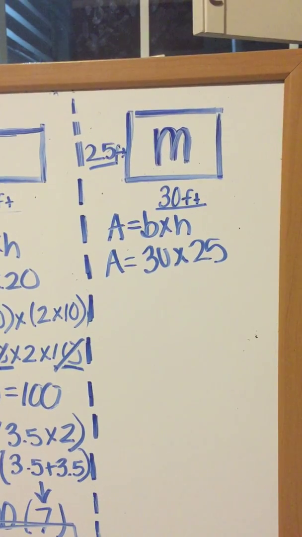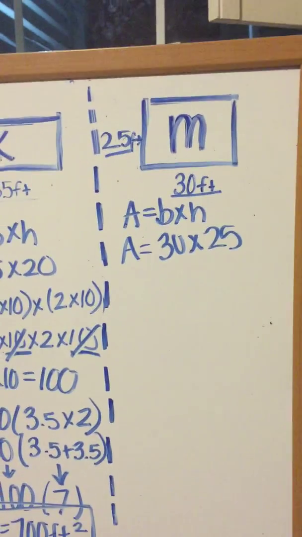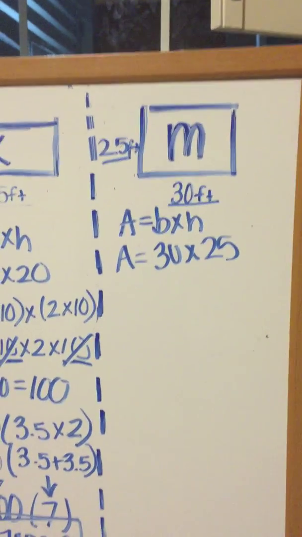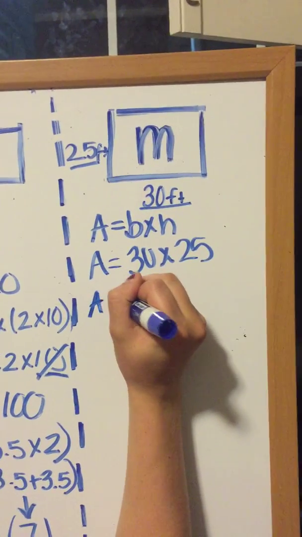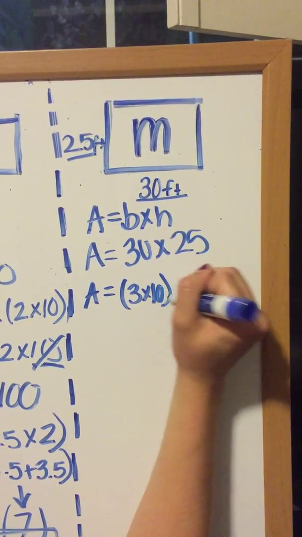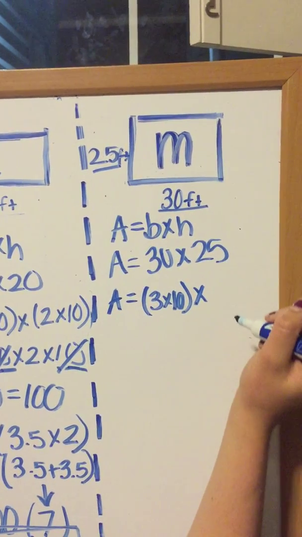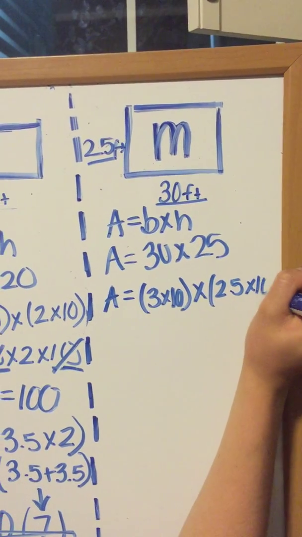Again, since these are two-digit numbers and hard to multiply together, we are going to make them smaller, like we did with Carl's garden. So 30 equals 3 times 10, and 25 equals 2.5 times 10.